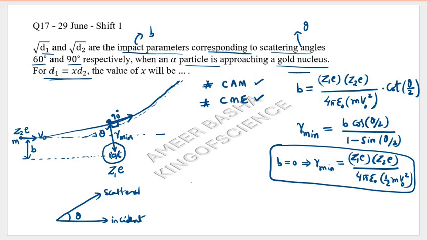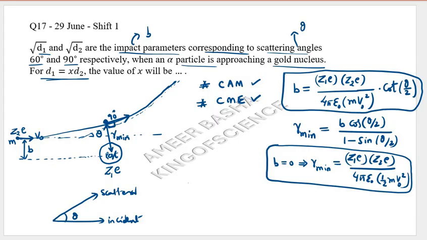At present I require this formula to solve the problem. So remember these formulas.